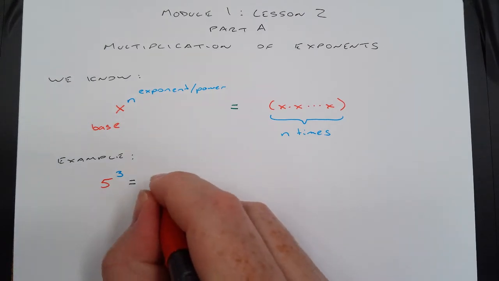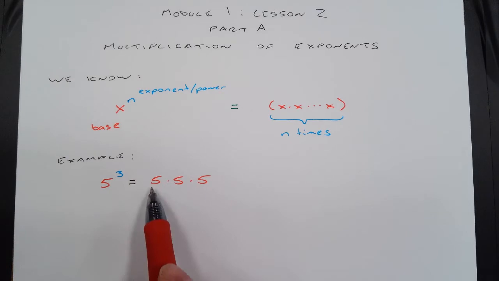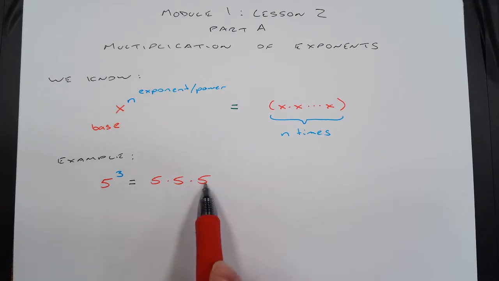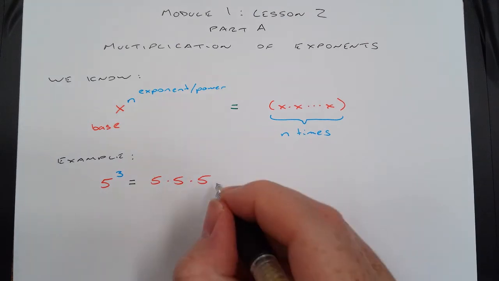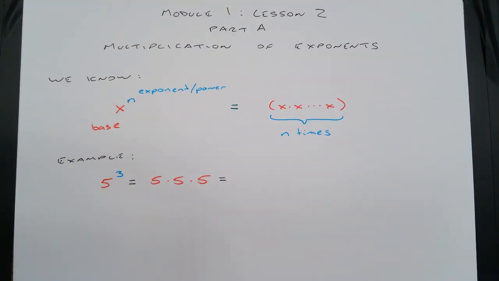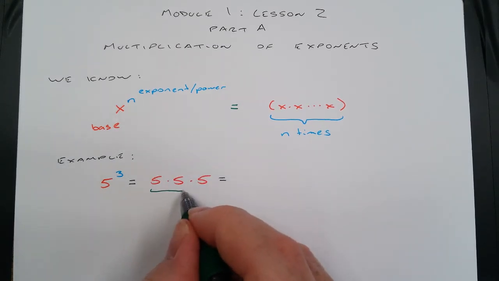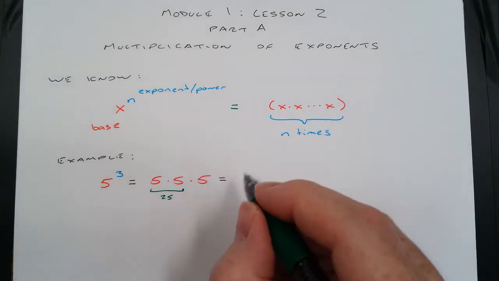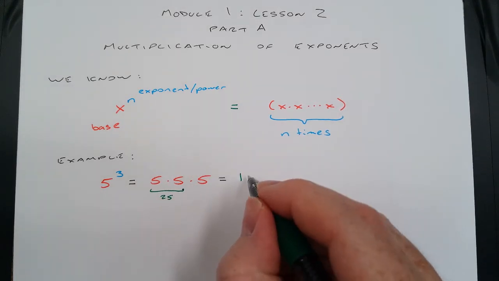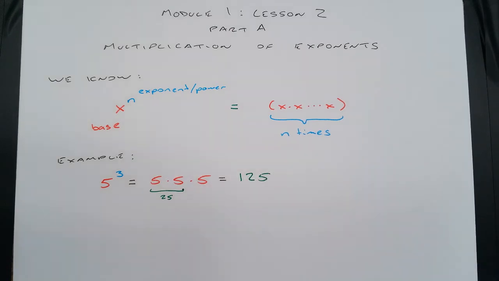It is 5 3 times. 5 is multiplied by itself 3 times. The 5 comes from the base. The number of 5s comes from the exponent. And then if you want to know what the answer is, you do 5 times 5, which is 25. 25 times 5 means 5 to the third power, not 15. It is 125. If you tell me it's 15, you are 110 off. So don't do it. You'll be wrong. So that's yesterday.